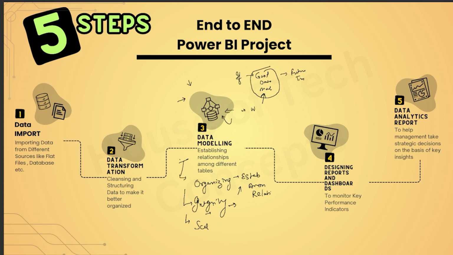As you are all aware, we are going to write DAX queries in our project. Once we have a good data model, it will be very easy for us to write the DAX queries. So all in all, we need to put great emphasis on the data modeling step, because a good data model ultimately leads to a perfect Power BI project. This is a very crucial step.